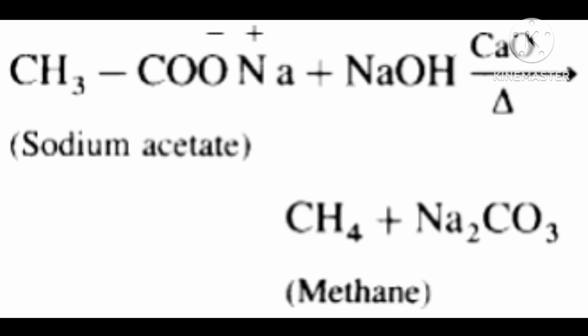Then here it will join to R. R is actually R minus, a carbanion, because when the R and C bond breaks, R will have negative charge, and H will come positive.